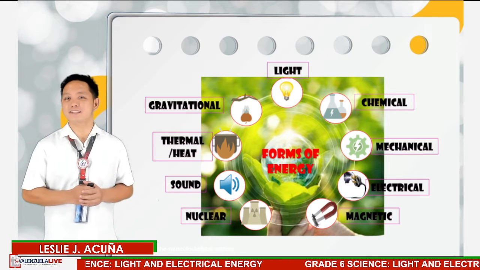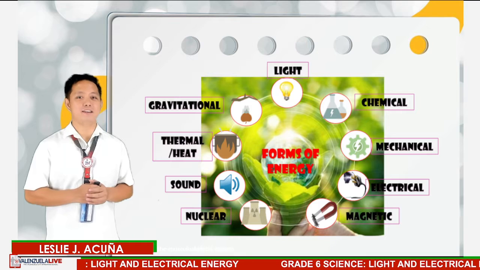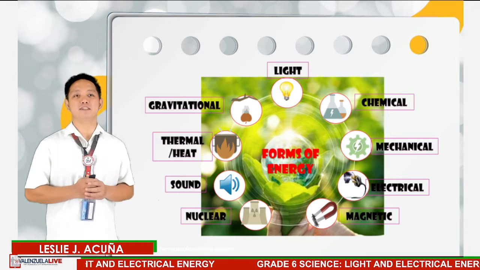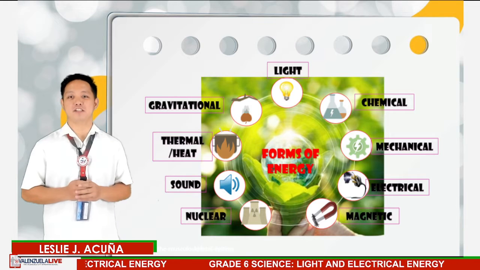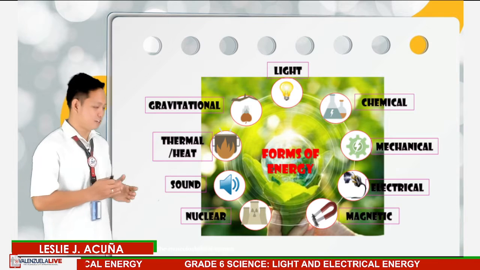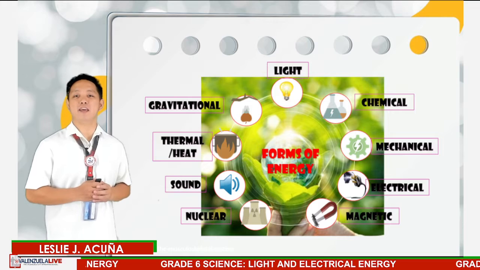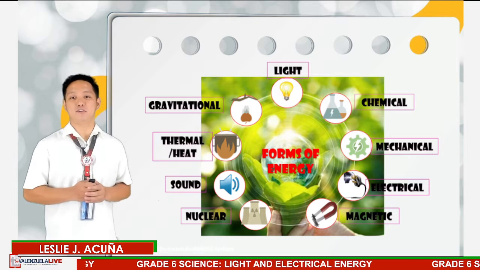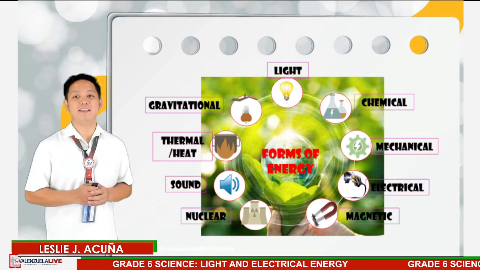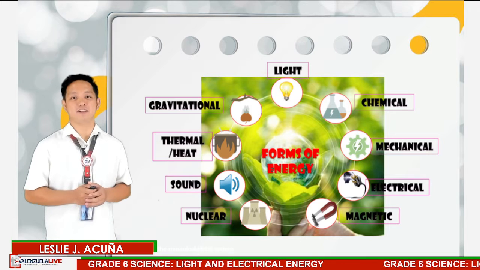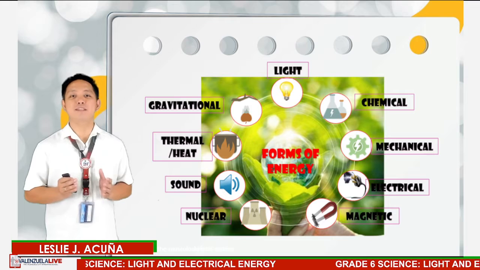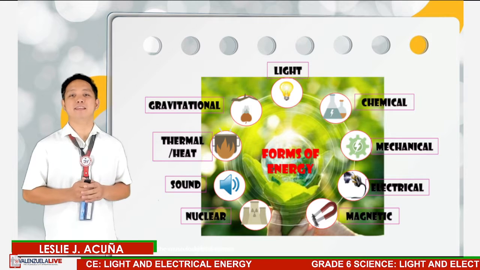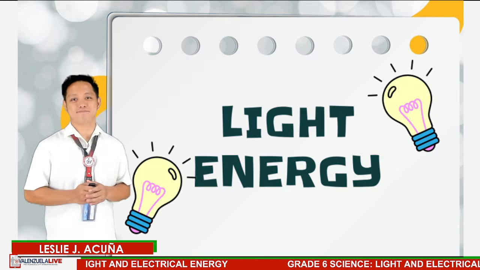We have the light, chemical, mechanical energy, electrical energy, magnetic energy, nuclear energy, sound energy, thermal or heat energy, and gravitational energy. And today, we will discuss about the light and electrical energy.